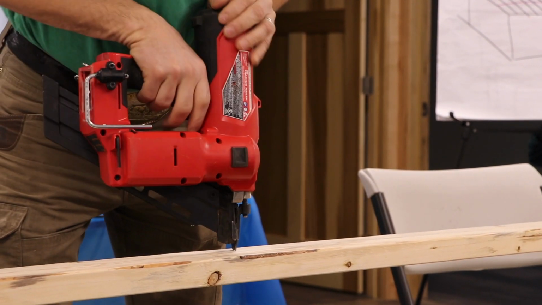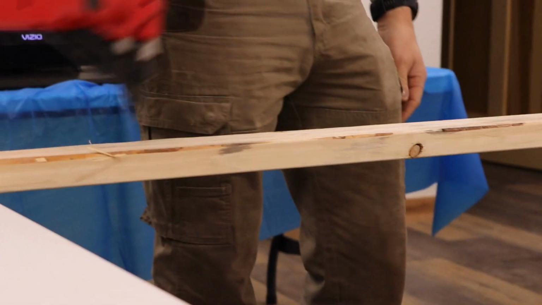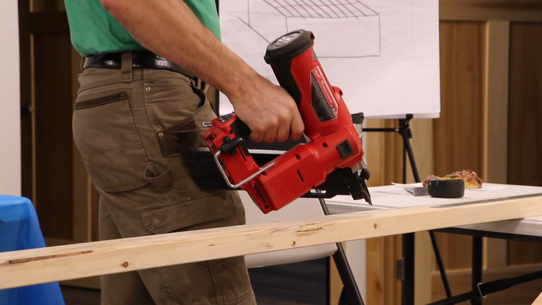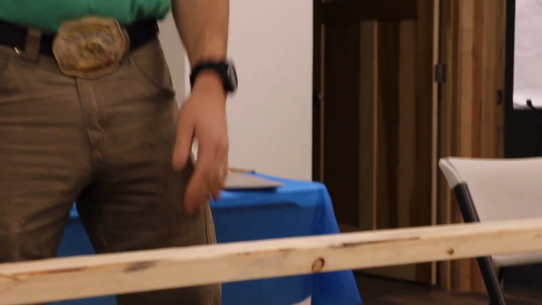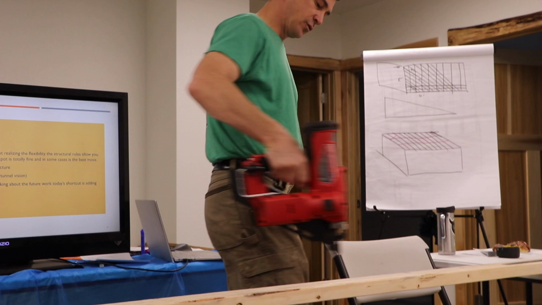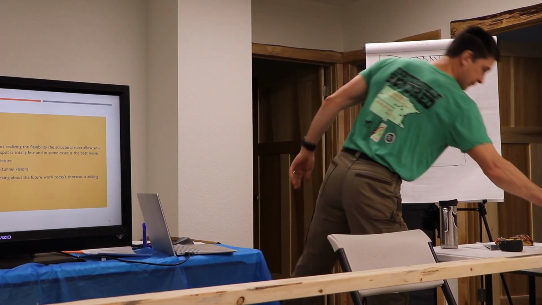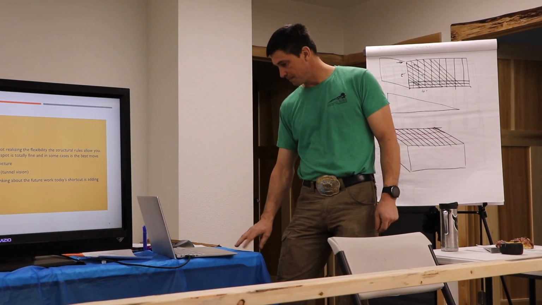And so if you're going to get consistent nail depth when you're nailing sheathing, hold the gun the same every time you nail, instead of going bang, bang, bang, bang, bang. You'll have nails all over the place. You need to be consistent with your nailing. Okay?